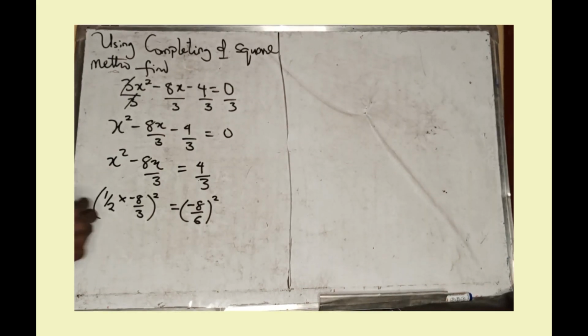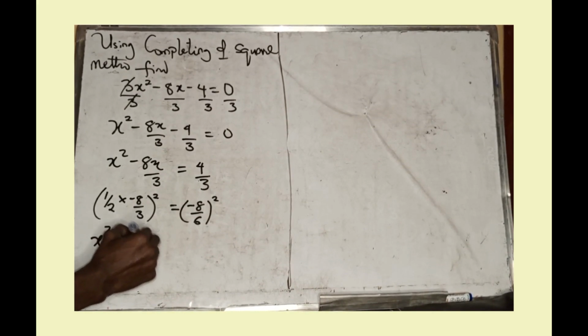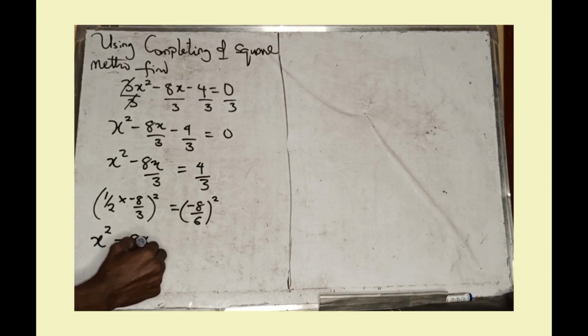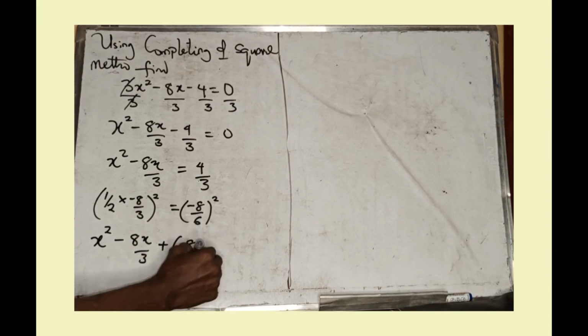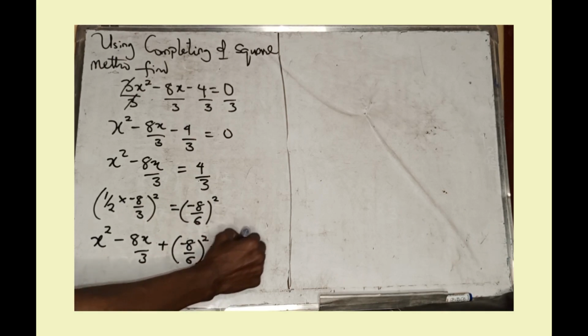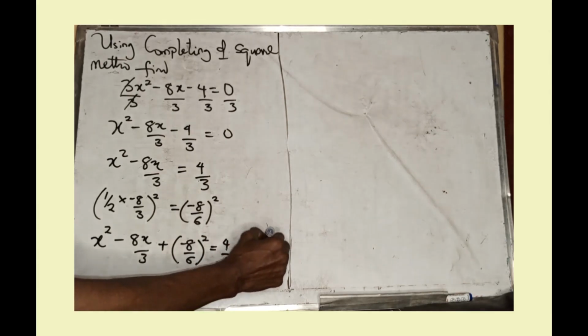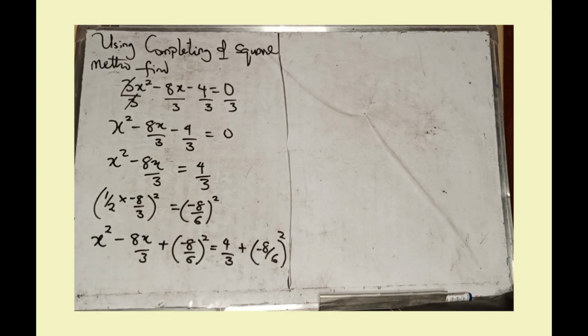Now let's go. So I have x squared minus 8x divided by 3, plus in bracket minus 8 divided by 6 all squared, equals 4 over 3 plus 8 divided by 6, all squared.